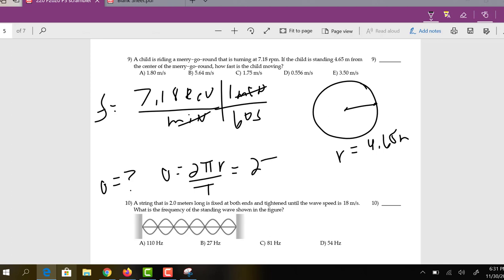Or if you want to do it in terms of the frequency, this would be 2 pi r times f. So the farther you are from the axis of rotation, the faster you're moving. Okay? In terms of angular frequency, or just frequency in this case, whether you're here halfway to the center or here all the way on the outside, you have the same frequency.